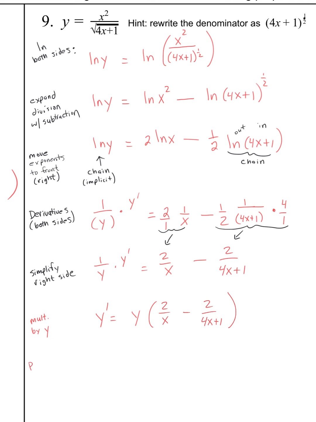Finally, we plug in the original equation for y. So y prime is equal to, y was our big fraction up there, x squared over the square root of 4x plus 1, and then we bring this whole thing down, 2 over x minus 2 over 4x plus 1. And that is our final best answer. You do not need to go any further than that.